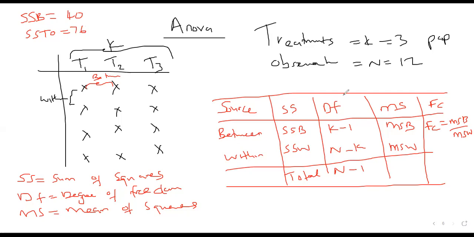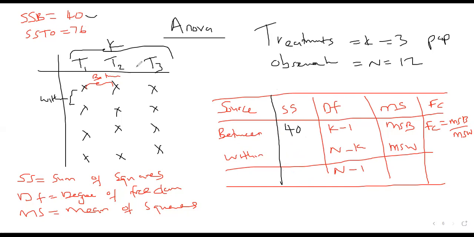So they ask us to balance this out. Using this framework, the sum of square between is 40, so we put 40 there.